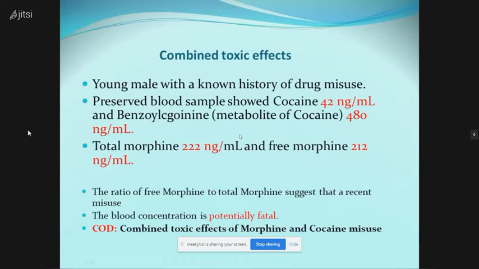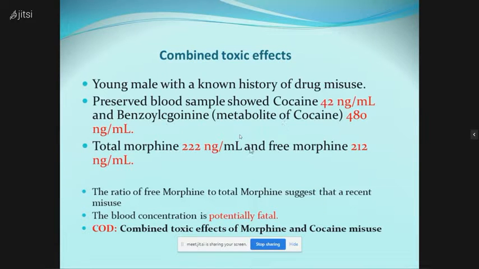So with this analysis, the level of free morphine to the total morphine is very high, indicating acute or recent intake of morphine. So with this one, you can see that there is morphine taken recently and cocaine, and both have synergistic effects on the cause of death.